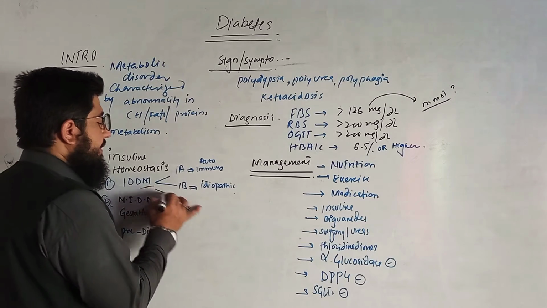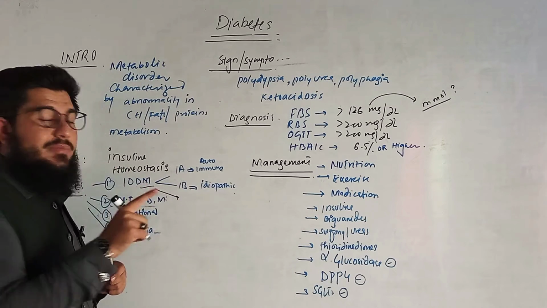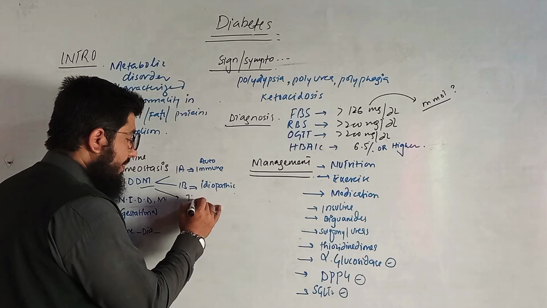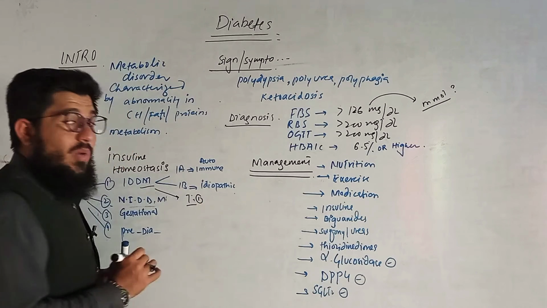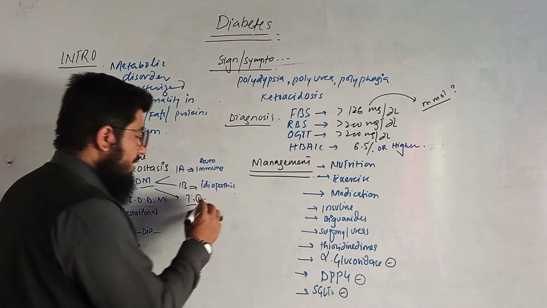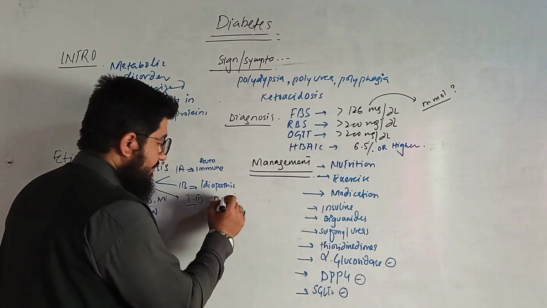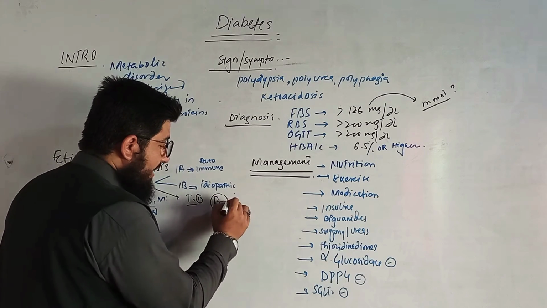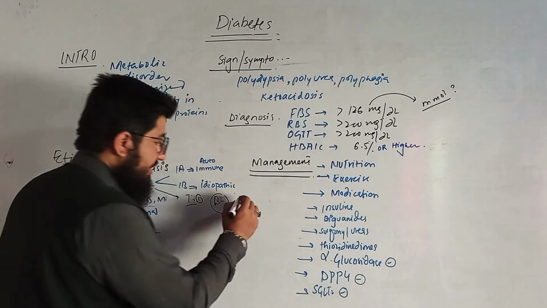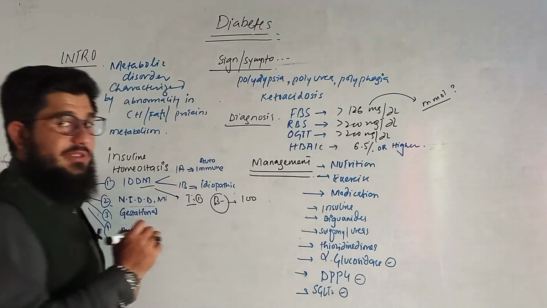Very simple. Remember, IDDM is also called type 1 diabetes mellitus. What is seen here is very simple. If you talk about the percentage of beta cells of the pancreas, we have 100% beta cells.